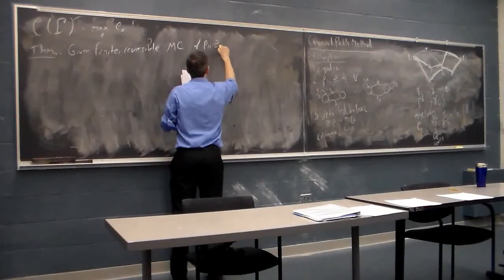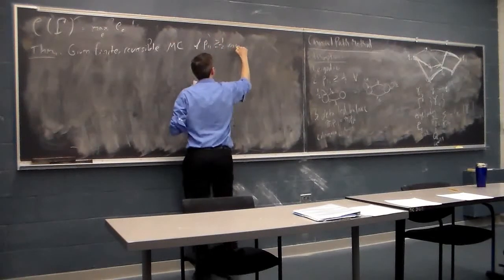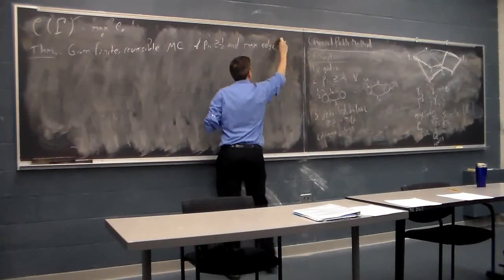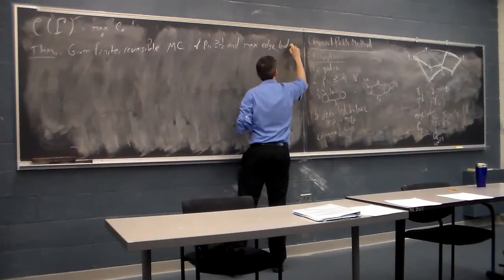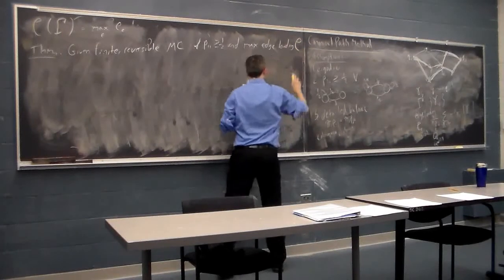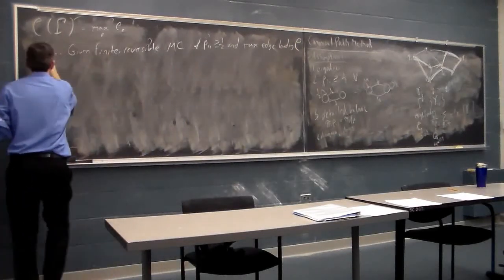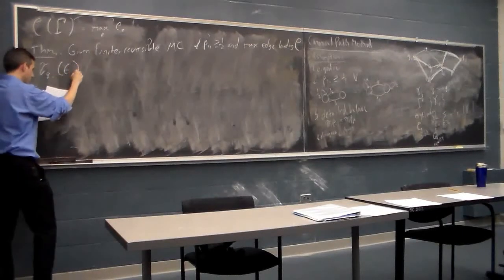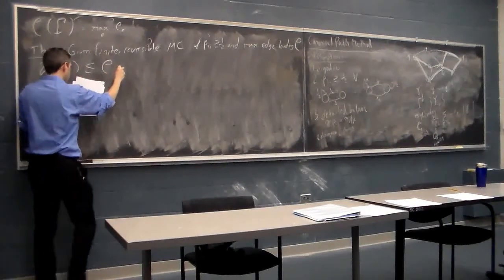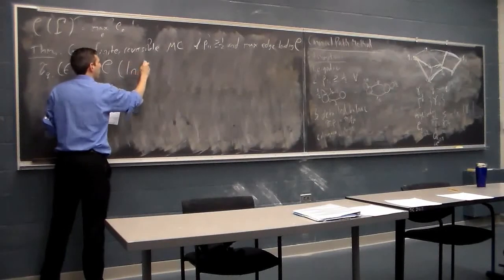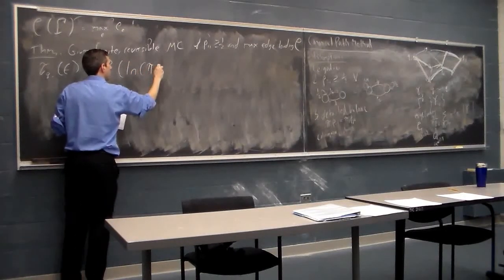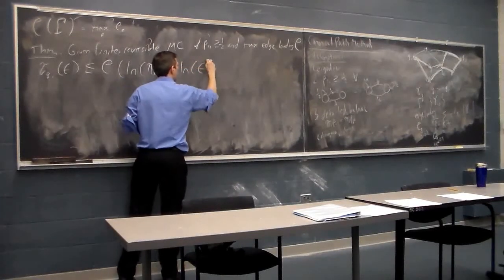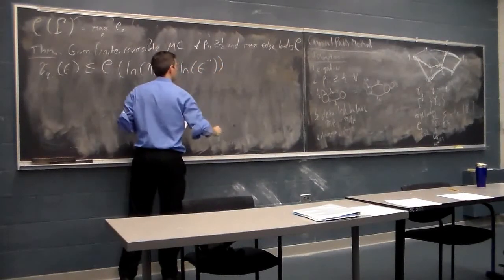With pii greater than or equal to 1/2, and max edge loading rho. Tau sub Qi of epsilon is less than or equal to rho times log of pi_i inverse plus the log of epsilon inverse.